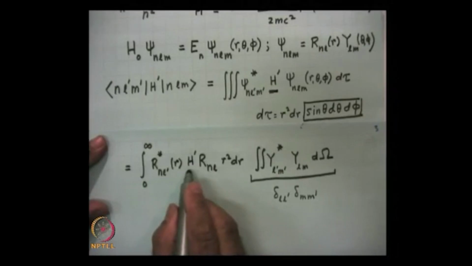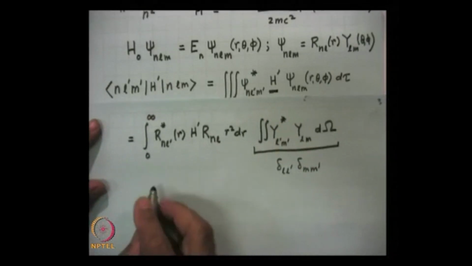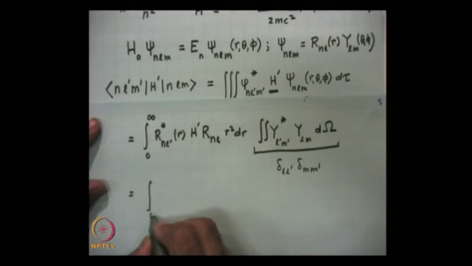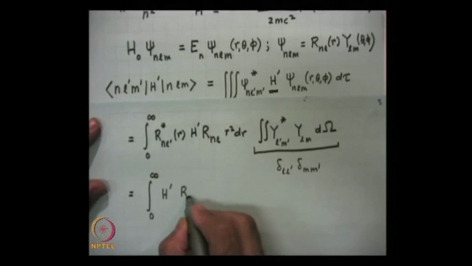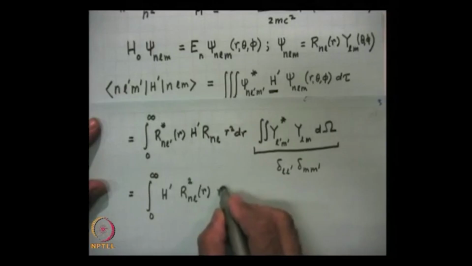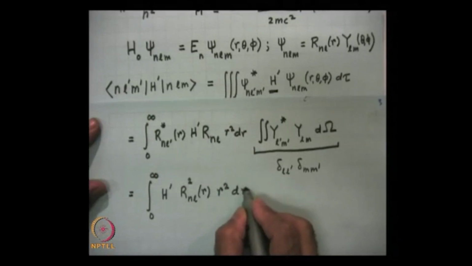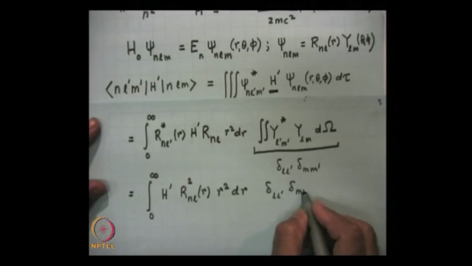Since H prime depends only on the r coordinate, this matrix element becomes equal to the integral from 0 to infinity, and L must be equal to L prime, otherwise it is 0. So, this is H prime, R n L of r whole square, r square dr, multiplied by delta L L prime delta M M prime.